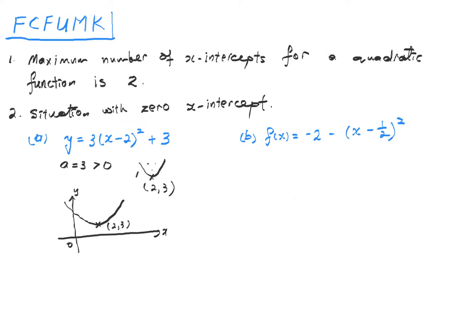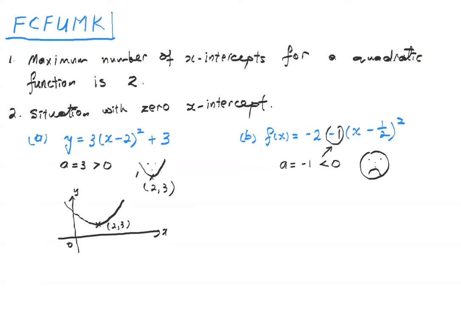Okay, for B, if you look at here, this is your A. So your A is equal to -1, which is less than 0. If your bank account is negative, I think you will feel very sad. Am I right? So the graph goes this way, sad face. You learned this before in your high school.